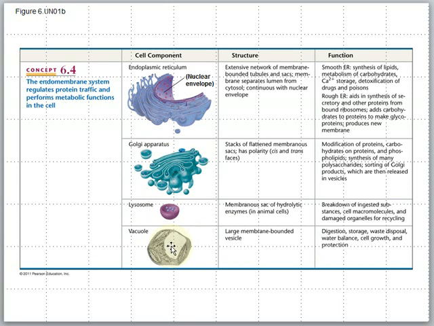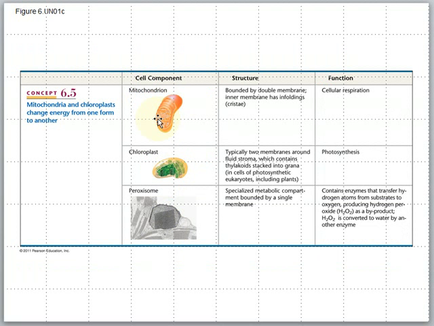Vacuole, large vacuoles found in plants, but vacuoles of different kinds are also found in animal cells. The mitochondria, the power plant of the cell, both in plant and animal cells. Mitochondria, it is thought, perhaps was its own cell that was taken in and became part of the eukaryotic cell.